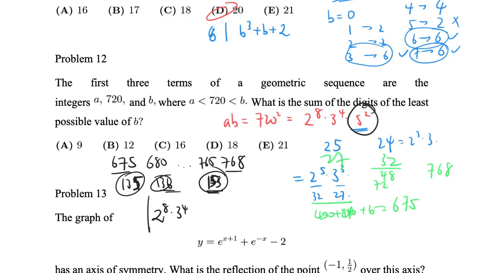They're supposed to divide this number right over here. And so you would realize that none of them can do that. And so therefore this is the best solution. So B is equal to 768, and then the sum of the digits is just 21.